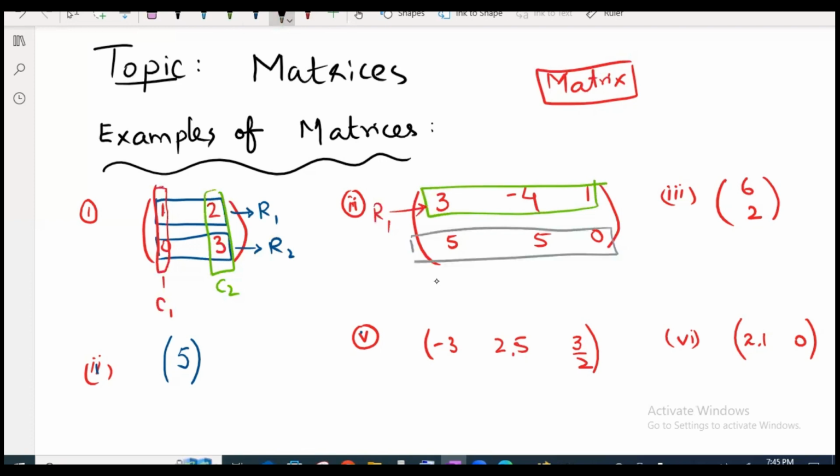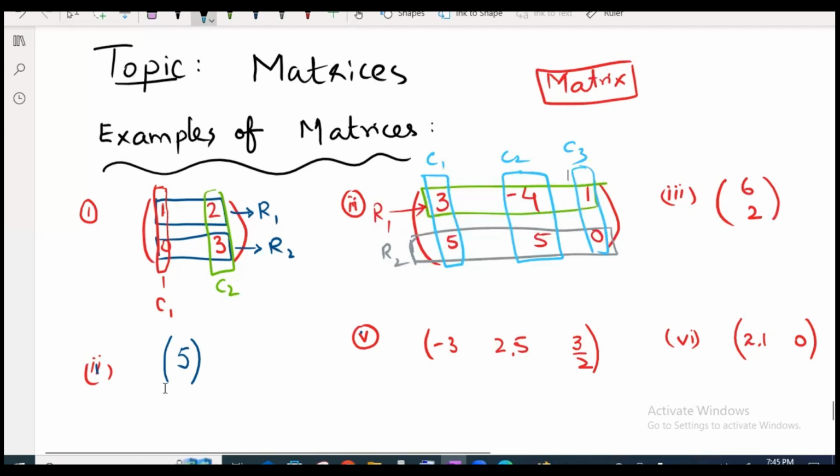How many columns are there? 3 columns, 3 vertical columns, and each column contains 2 elements: C1, C2, and C3. This is the introduction of matrix, row and column. Now, what about this matrix?